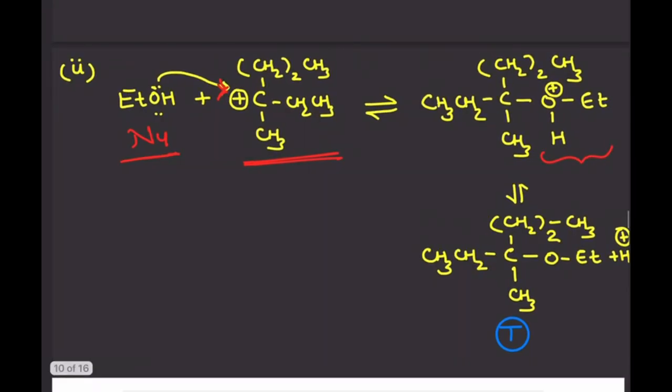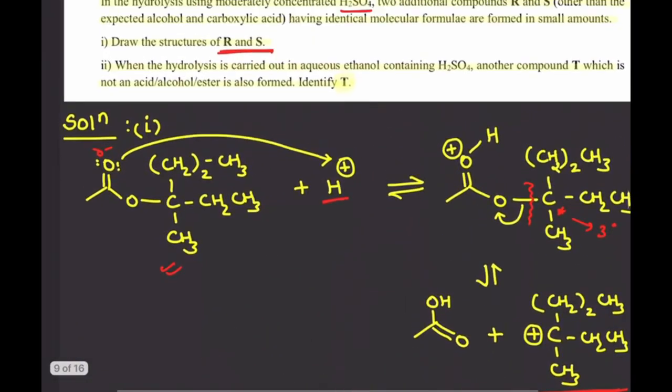When this protonated intermediate loses H+, T is formed, which is an ether. As you can see, when the hydrolysis is carried out in aqueous ethanol containing H2SO4, another compound T is formed, which is not an acid, not an alcohol, not an ester. Yes, because the T we just explored is an ether.